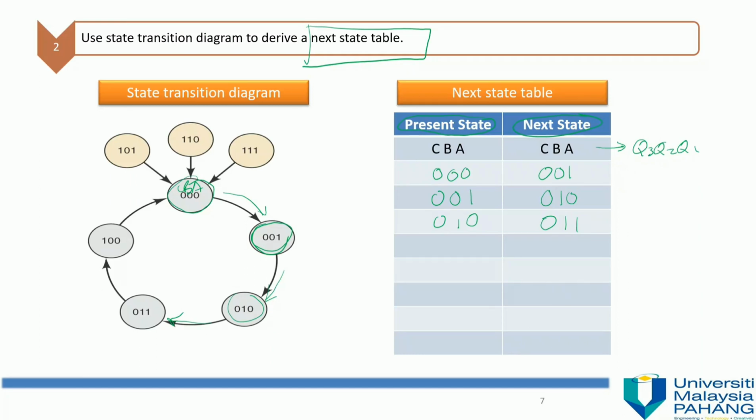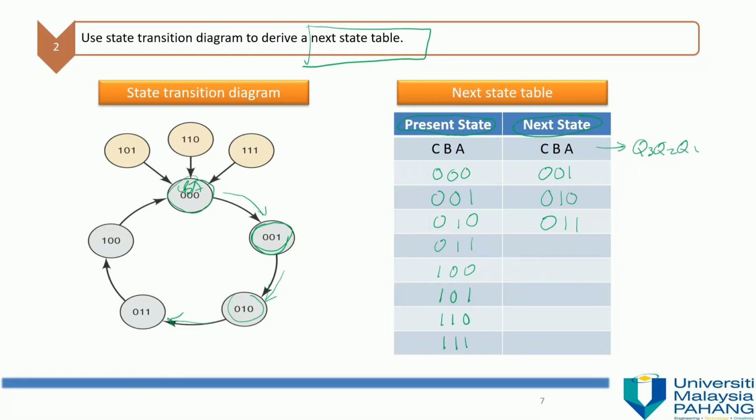I like to list all the present states first. So I write down all the possible values for a 3-bit binary number, from 0,0,0 until 1,1,1: 0,1,1, 1,0,0, 1,0,1, 1,1,0, and 1,1,1.